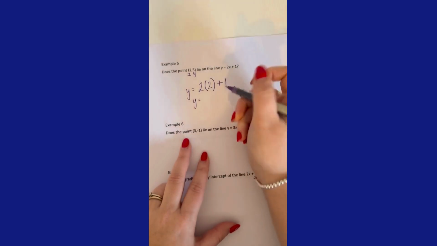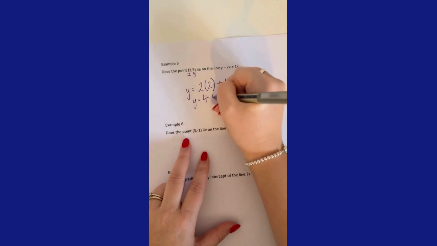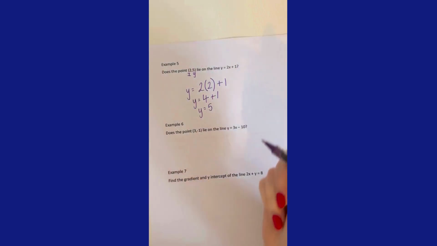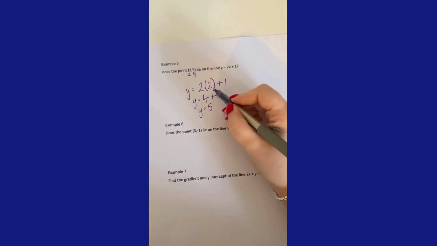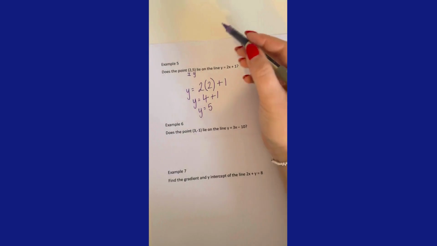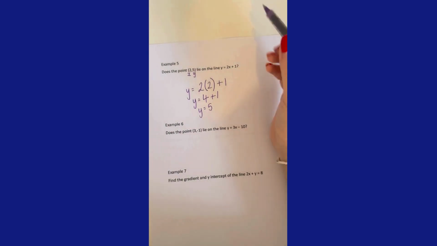So y equals 2 times by 2, which is 4, plus 1, so y equals 5. Okay, so what I've done here is I have said if my x value is 2, that is generating me a y value of 5. Then all I need to do is I need to go back to my original coordinate, which is 2, 5, and see what my y value is. Now my y value matches, which means that yes, this must lie on the line.